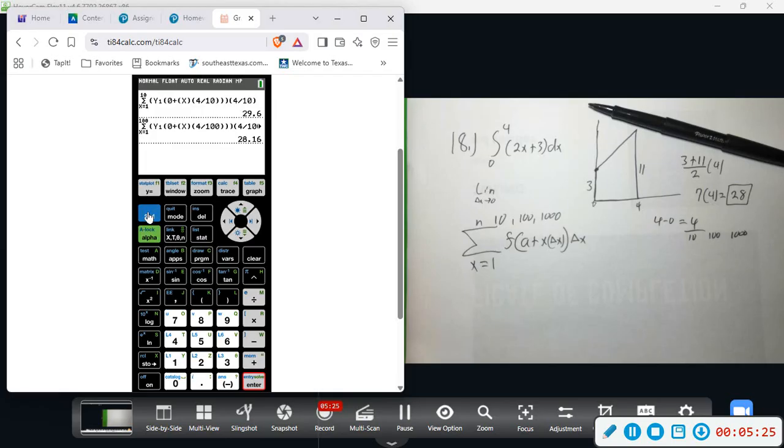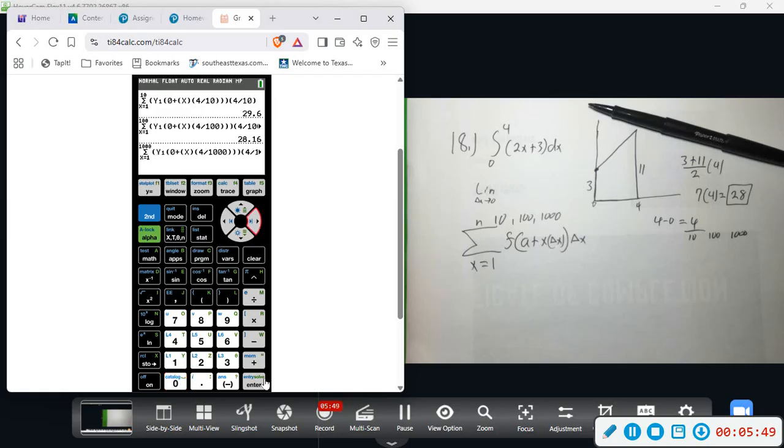And I'm going to do it one more time. Second enter. I'm going to do 1,000. So if I did 1,000 little rectangles, how close do we get? Insert a 0, second, delete button, and add a 0. And then go to our top partition and just add another 0.